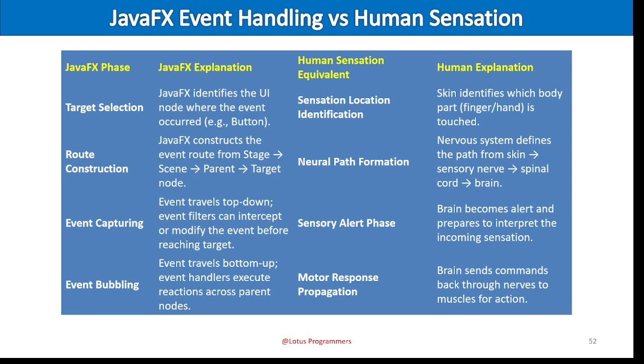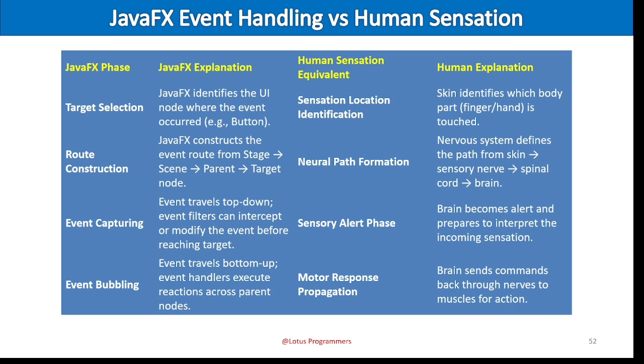Skin identifies which body part is touched. That means here the button is identified as the event target object. That event target object would like to go for handling of the event. Here the button is touched, and there the body part is touched.